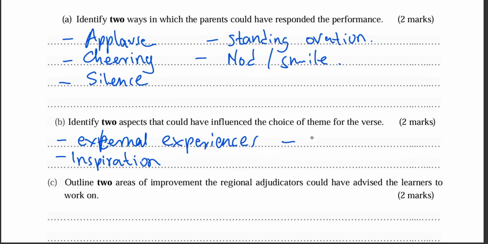So in verse performance, there are areas which are looked at, which include one, diction and clarity, facial variation, eye contact with the audience, and engagement, then movement and gestures, then managing stage fright.